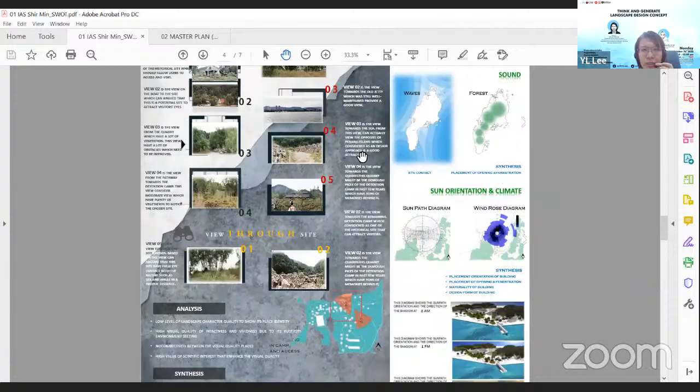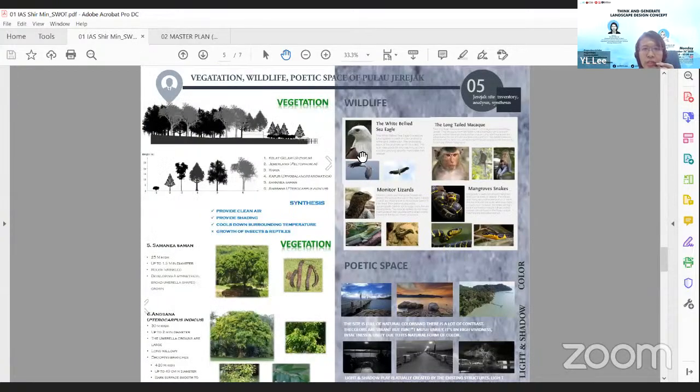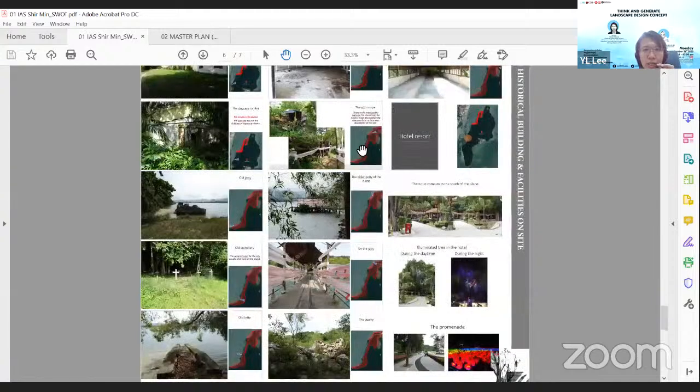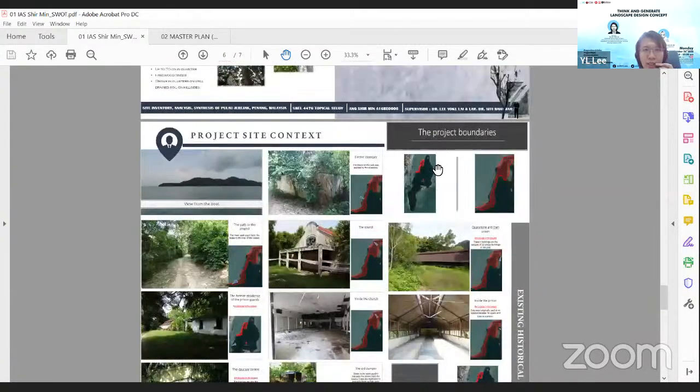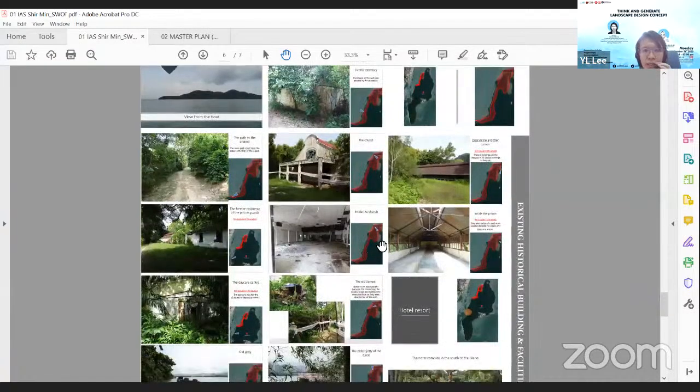Vegetation, and for each site she also did a blow up, like the existing heritage, some of the historical buildings that need to be preserved or not.